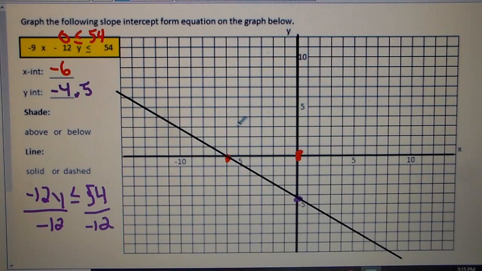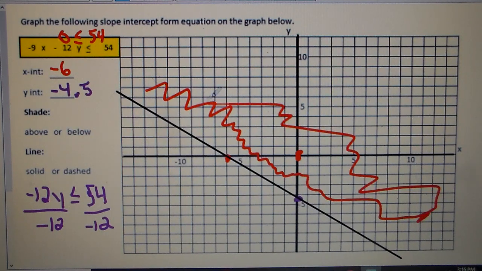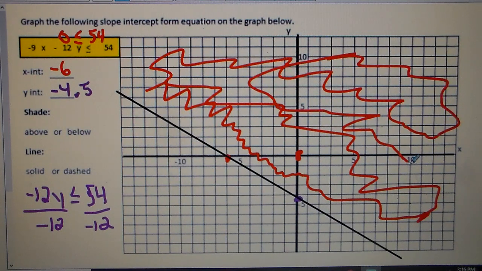That means this coordinate here is on the true side of this line that we drew. So that means we shade all of this side. And all those answers that we shaded are all correct answers. So we shaded above, and the line was solid, as opposed to dashed.